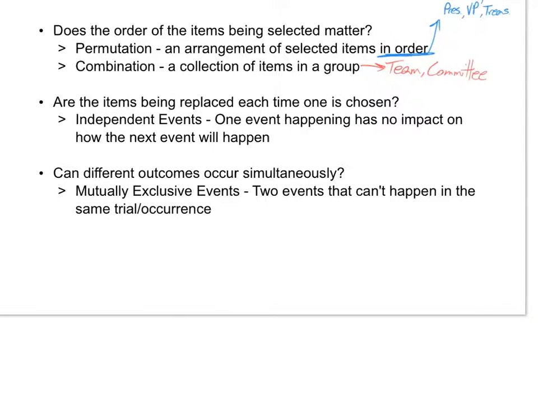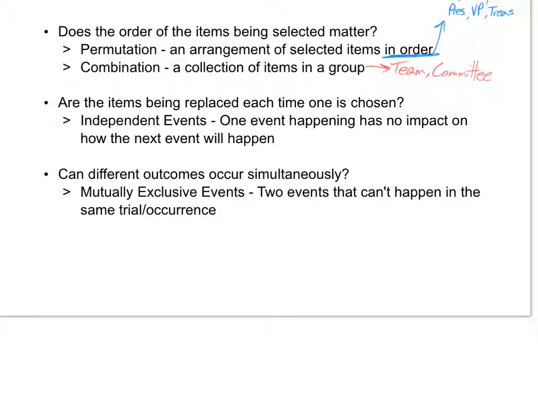So, when you see "with replacement," they're telling you, hey, these are going to be independent. Again, the probabilities do not change from one step to the next, or from one event to the next.